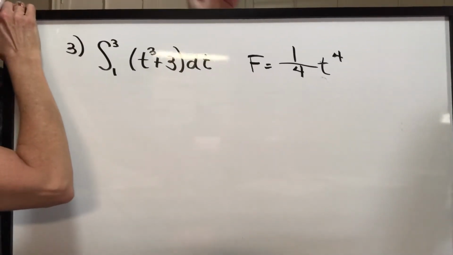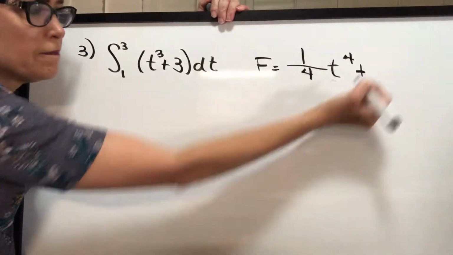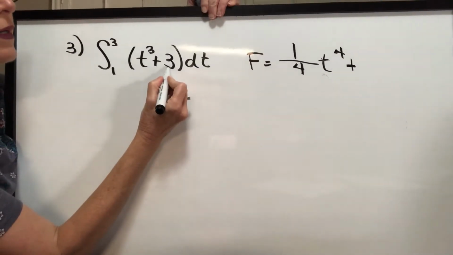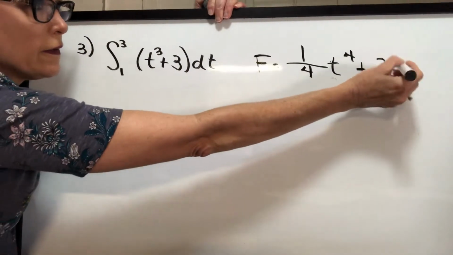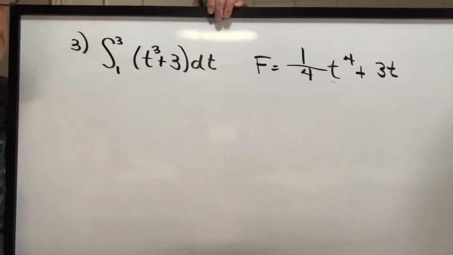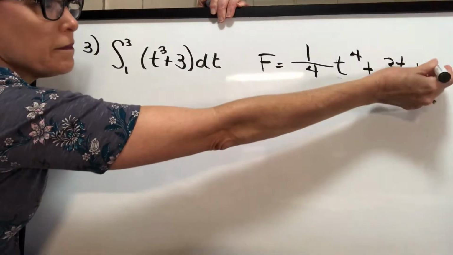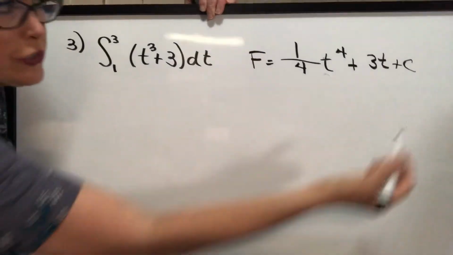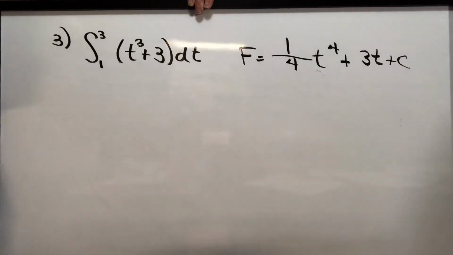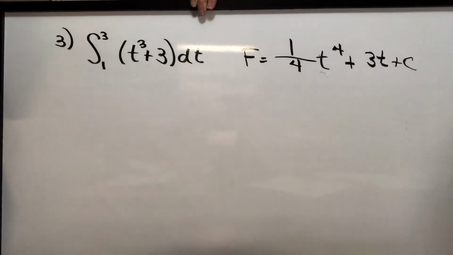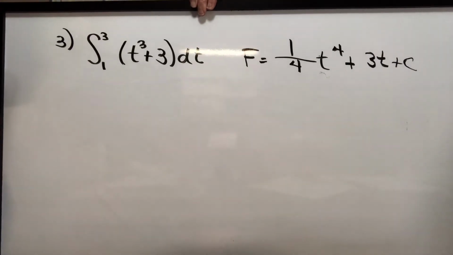And then the 3 becomes 3t, plus c. Sorry, I'm having to reach way over there, so it's not as clear on that side. But that would be the antiderivative, and you can just think of c being 0 to make it easy on ourselves.